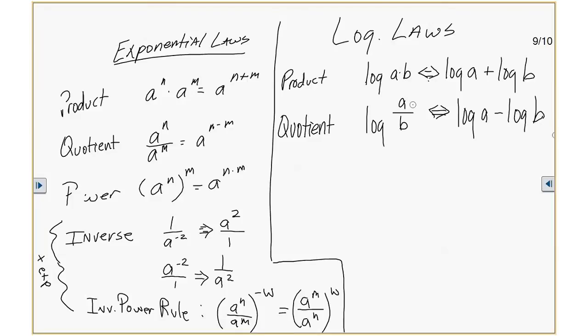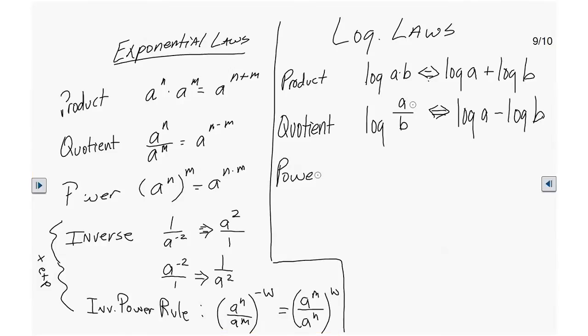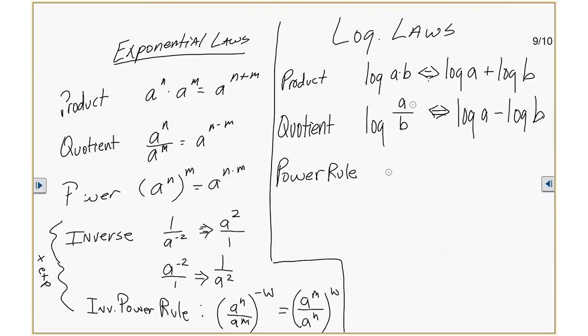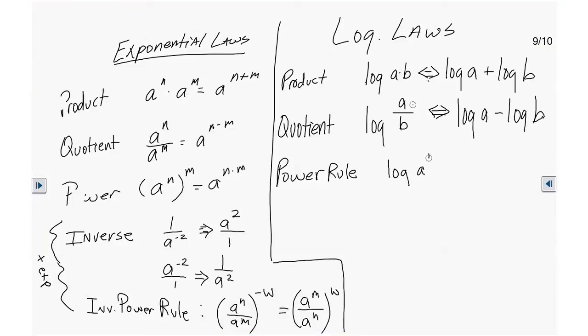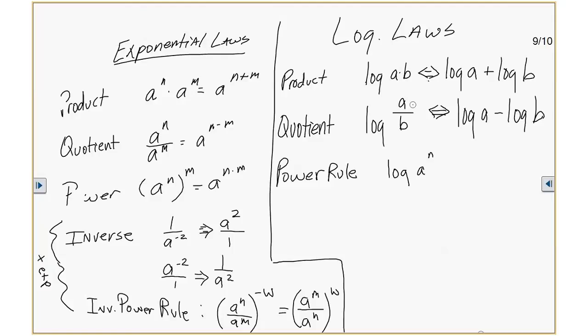Now you're going to see the power rule a good bit in calculus. Power rule of logarithms says that if you have an exponent outside of a term of a logarithm, and I'm going to just say a to the n, that you can bring that n out to the front.